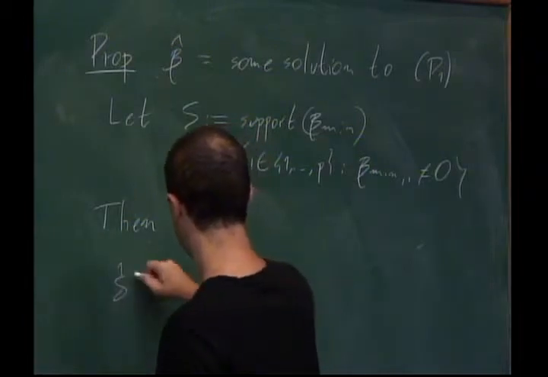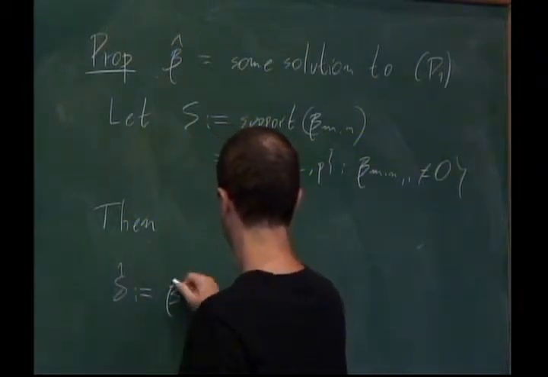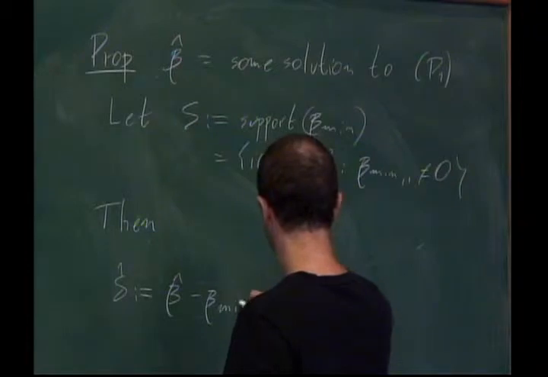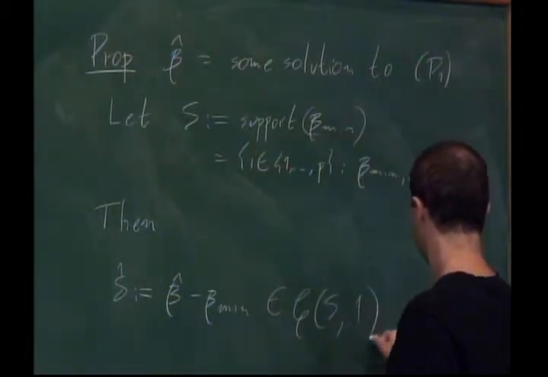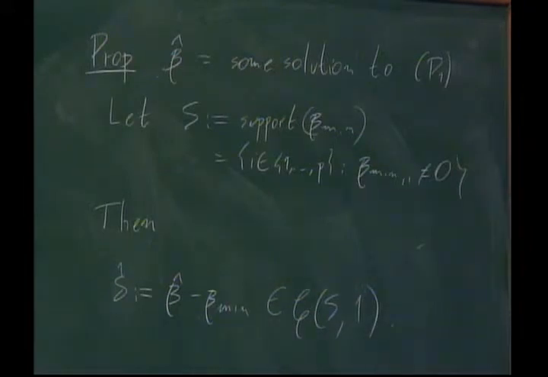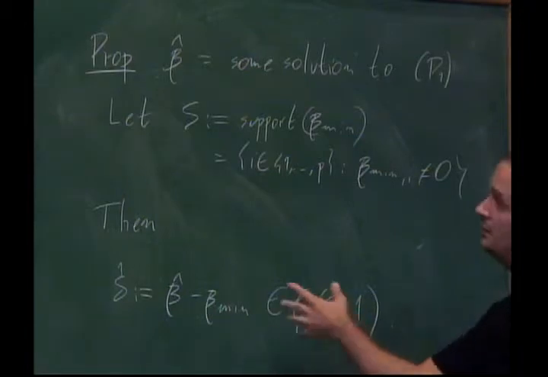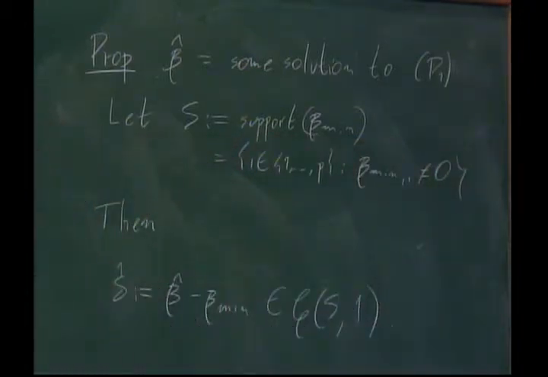Then the difference between these two vectors belongs to C_S^1. So the set of coordinates S is going to contain at least half of the L1 norm of the difference.